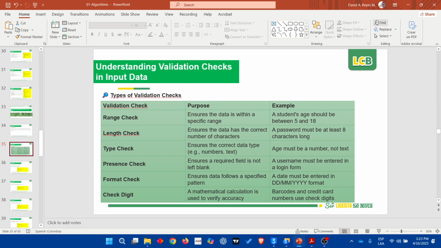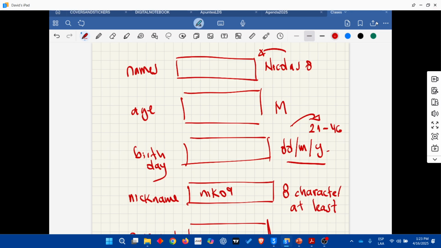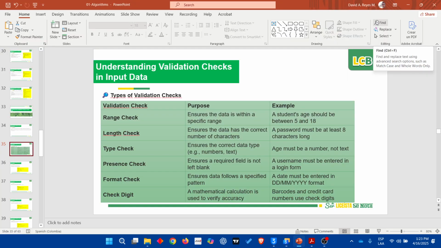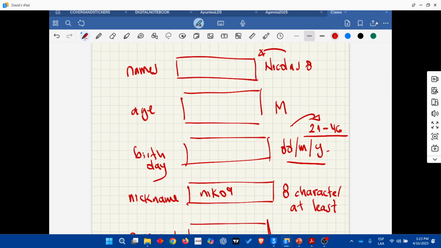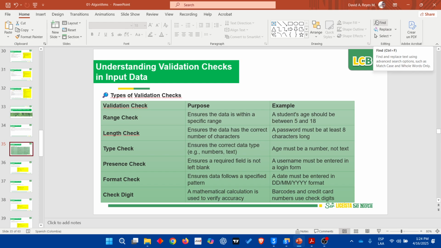Range check. The one that I told you here that your age must be between 21 years old and 46 years old. Not younger, not older. And type check. That you are going to be sure that here you put any number, for example, 22 and not a letter. Presence check.